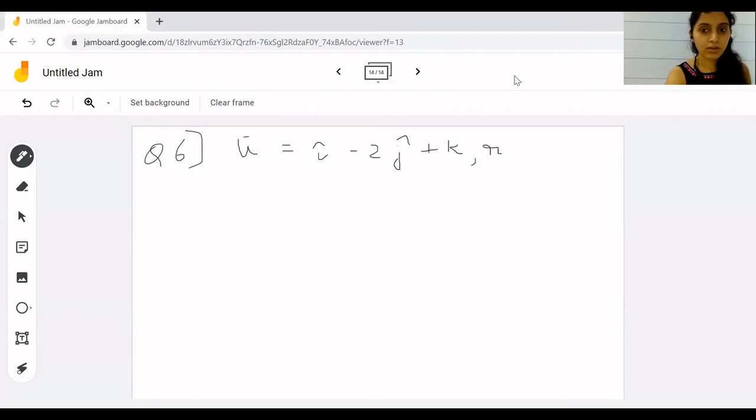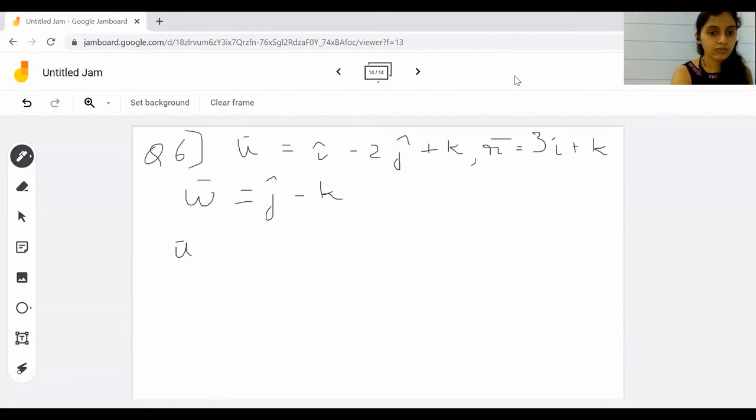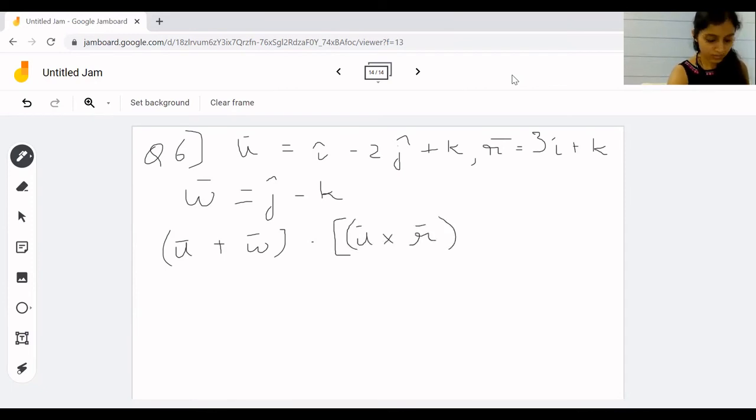We have R bar equal to 3i plus k, W bar equal to j minus k. Okay, are given vectors. Then find U bar plus W bar, one bracket, dot product with U bar cross R bar cross R bar cross W bar.